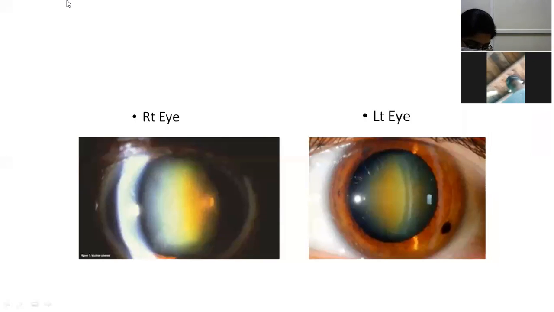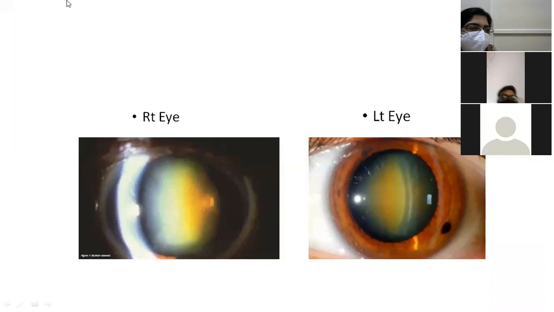During surgery, you will remove the cataract and place an IOL. So how will you calculate the power of the IOL? What are you going to do prior to surgery? What are the two important parameters for calculating an IOL power? You require two values, right? What is the SRK formula? Can you be louder?